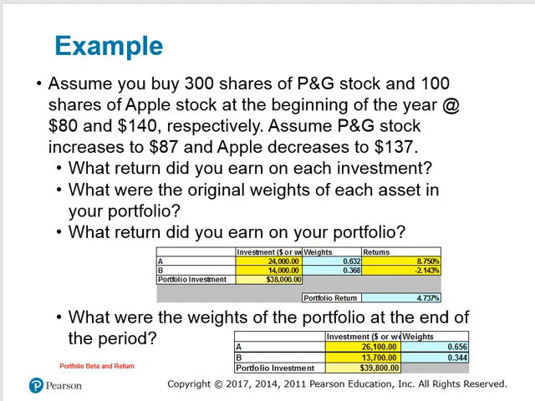So before we get any further, we want to talk a little bit about these weights. What would you say if you were going to borrow some money to buy one of these assets? So let's say in the very beginning, you wanted to borrow $14,000 and you wanted to invest all of that, including the money that you already had, $24,000, into P&G.